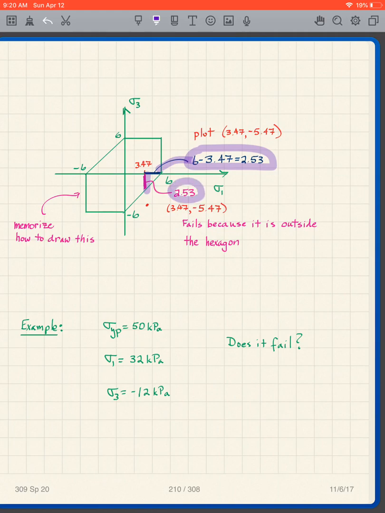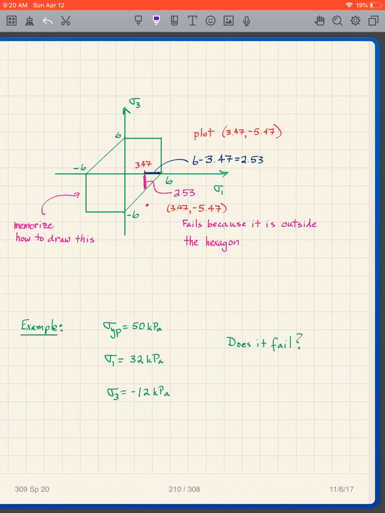Since that's 2.53 and my value of sigma 3 is -5.47, then I know that I'm outside the hexagon. That's the easiest way to figure out whether or not it's in or not.